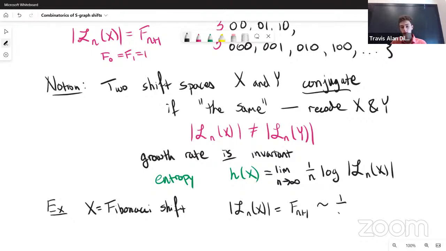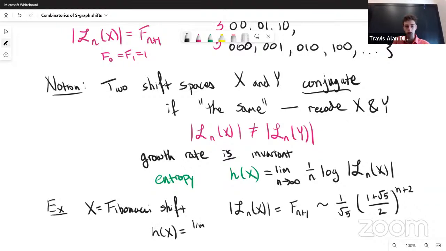There's some constant, which I think is 1 over root 5. I think this is the right formula, but up to a constant, it certainly is. So we know asymptotically the number of words of each length, and that makes it easy to calculate the entropy.